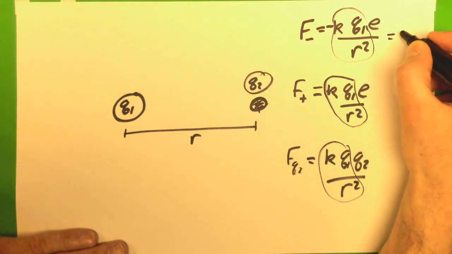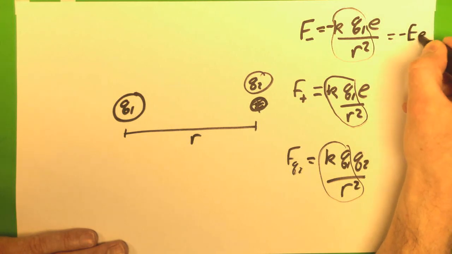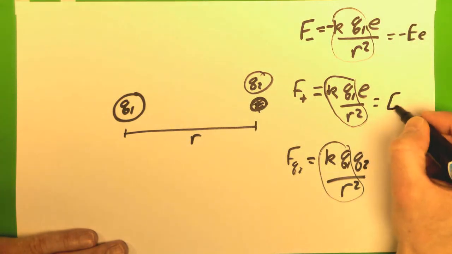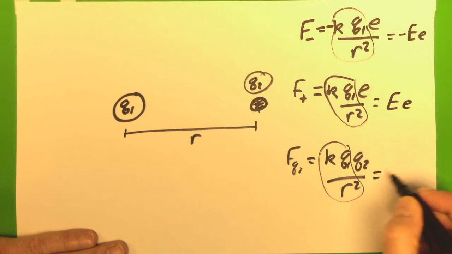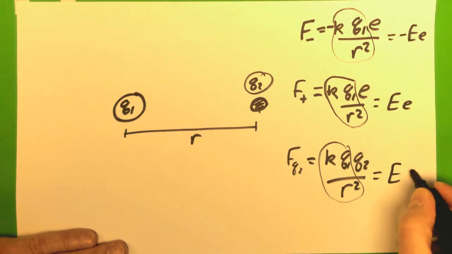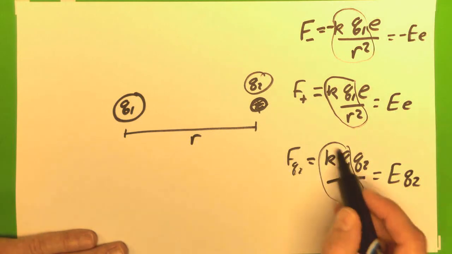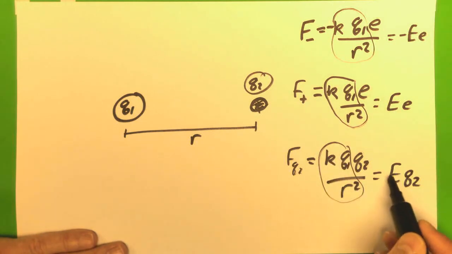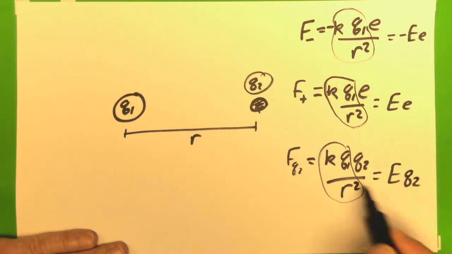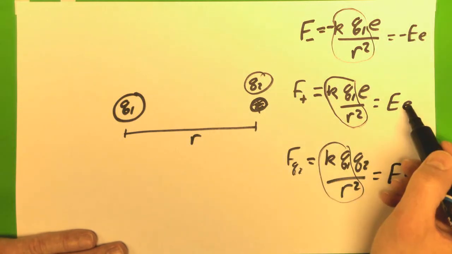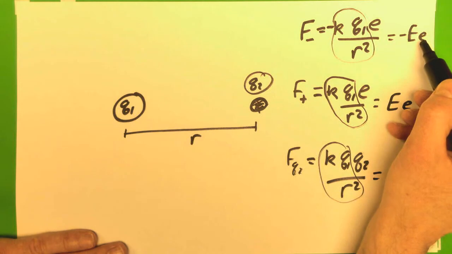That's a negative E times E, that's equal to a E times E, and that's equal to a E times Q2. That E is the same thing in all cases. So mathematically, that's made it simpler. Every time I could just find out how big this big E is, and then multiply it by whatever charge, be it Q2, be it a proton, or be it a negative electron.